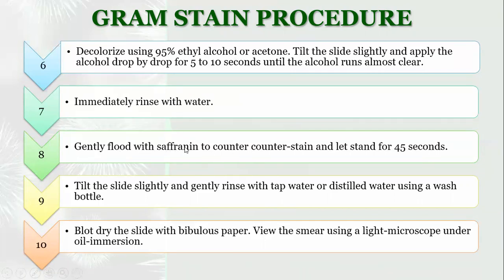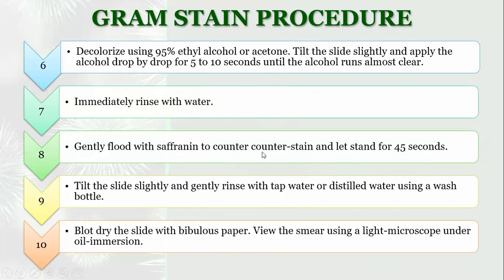This safranin is a secondary dye or a counterstain. As the gram-positive bacteria retained the primary stain, they will not take up the secondary stain safranin. The gram-negative bacteria, as they lost the primary stain, take up the secondary stain safranin. Hence, the gram-positive bacteria appear purple and gram-negative appear pink in color.